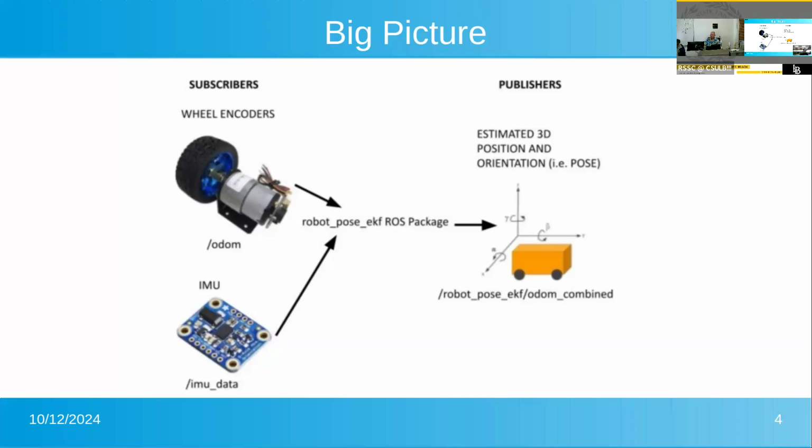So this is how things work in ROS: at least these two sets of sensing information go in and end up informing the system of where you are, and also where you're going, or the direction you're going as well.